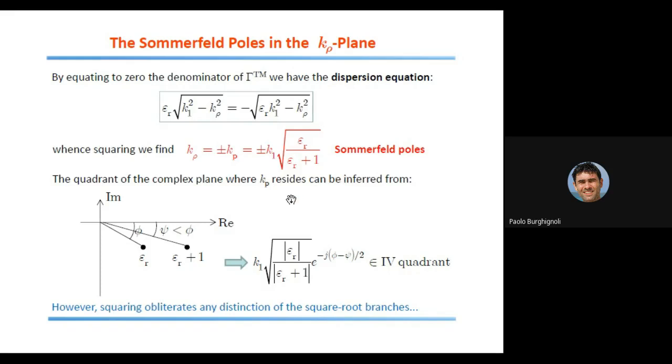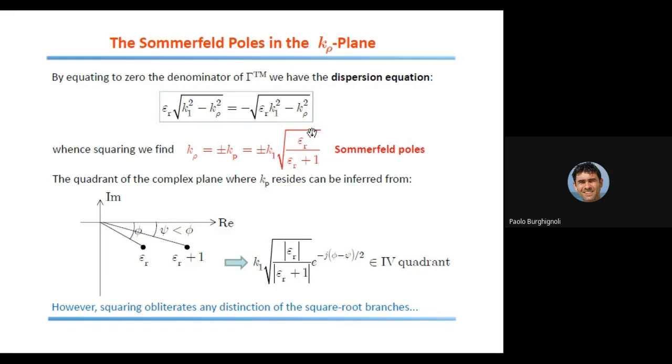That is because, as you can see, if epsilon r, which is generally complex, has an argument that is the opposite of phi, epsilon r plus 1 will be characterized by an angle psi, which is strictly less than phi from geometrical considerations.